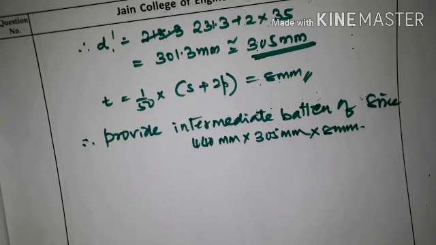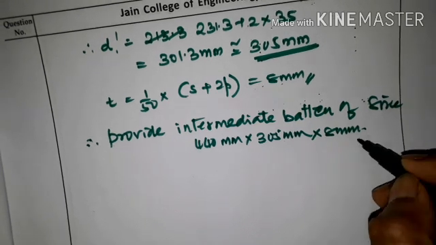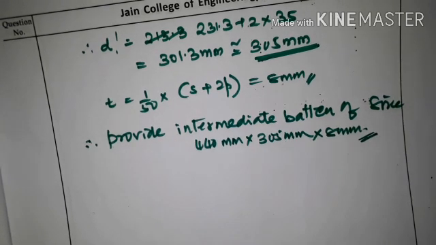Then next, this much for design of end batten and intermediate batten. Okay. So you have to follow the same procedure up to design of lacing. I told you you have to follow the same procedure up to the design of lacing.